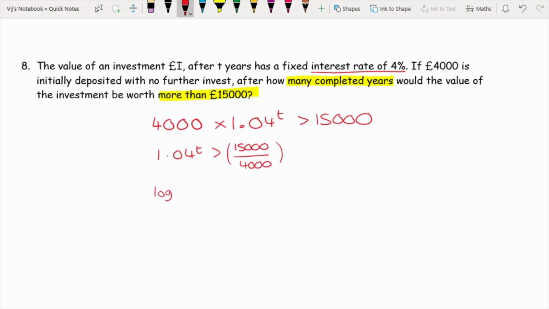So I've got log of 1.04 to the power t is greater than log of 15,000 over 4,000, and then I can take the t to the front, so I get t log of 1.04 is greater than log of 15,000 over 4,000.